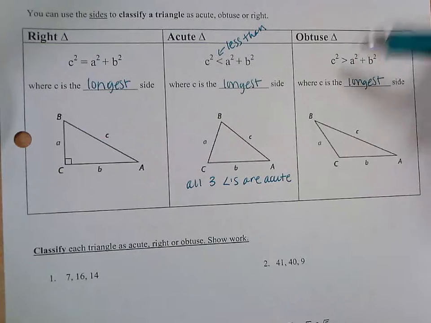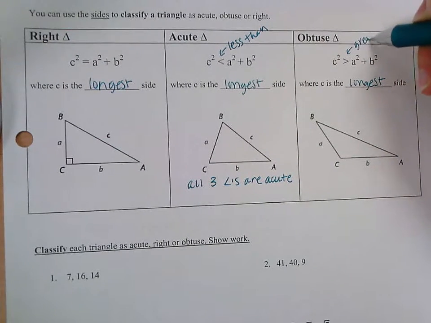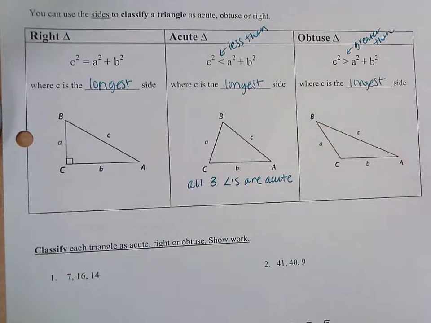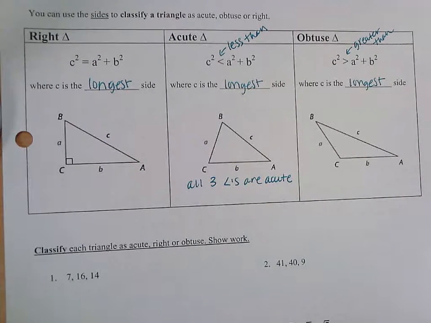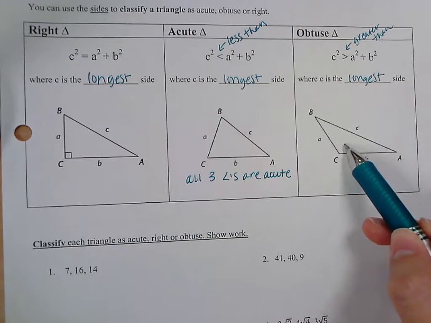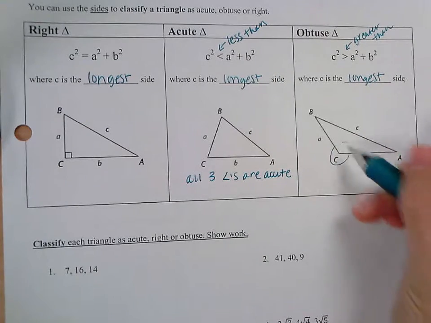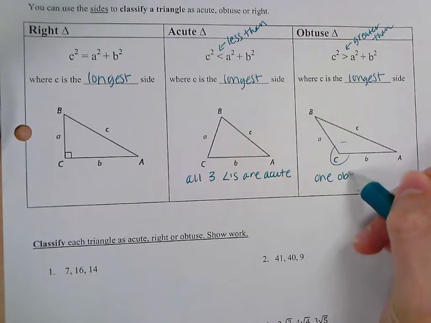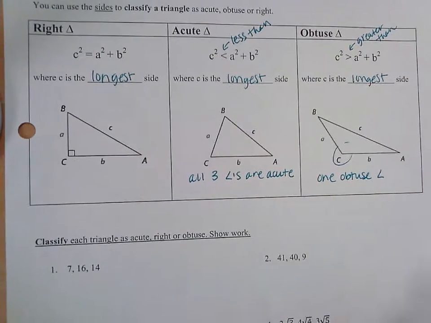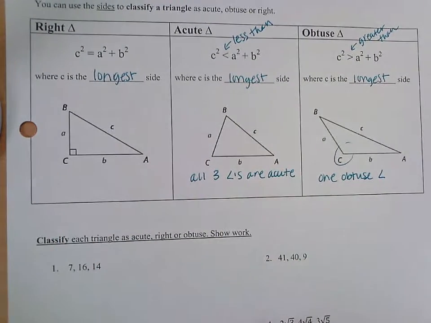And then if your C squared is greater than, so larger than a squared plus b squared, again, C is the longest side, then you have an obtuse triangle. An obtuse triangle has one obtuse angle. So a right triangle has one right angle, an acute triangle, all three angles are acute, and an obtuse triangle, one of the angles is obtuse. And obtuse means what? Larger than 90, but smaller than 180, yes.